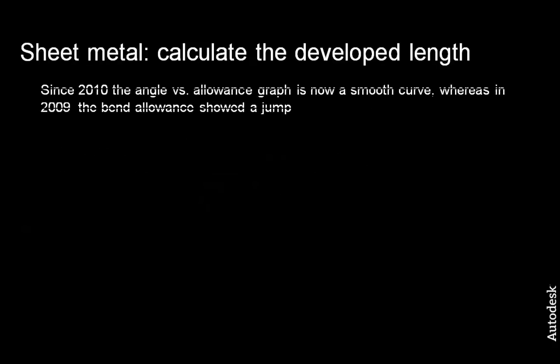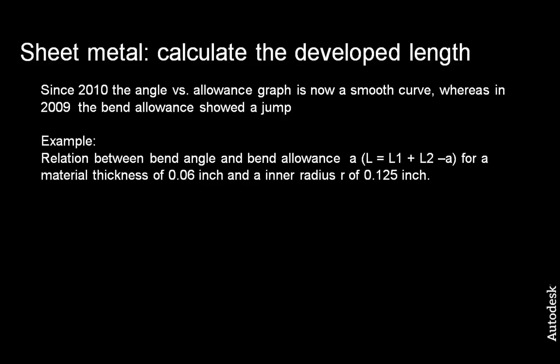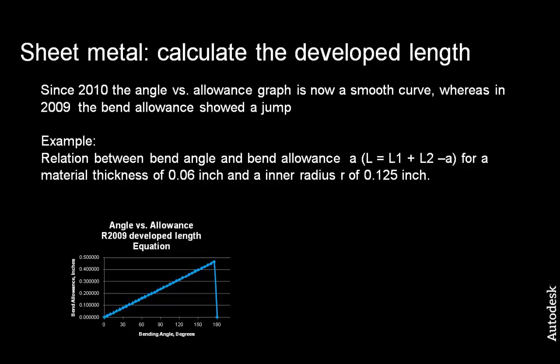On the next slide I'll show you how this looks for a very particular example of a sheet metal plate of 0.06 inch thick and with an inside radius of 0.125 inch. This is the way the bend allowance evolved versus, on the horizontal line, the bending angle.